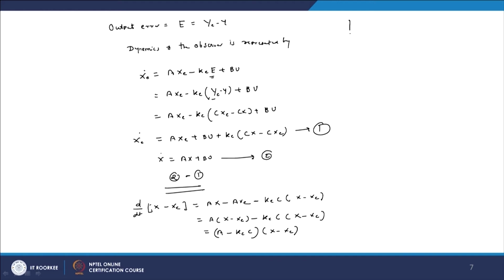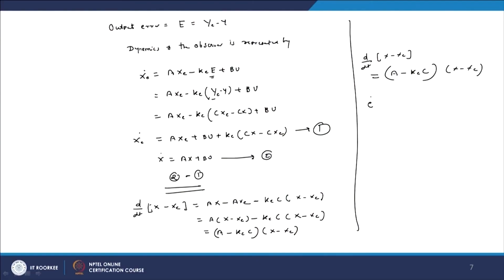That is, the differentiation of x minus xc is equal to A minus K C into x minus xc. So this x minus xc is the error between the states, and we can write it as e dot equal to A minus K C into e.